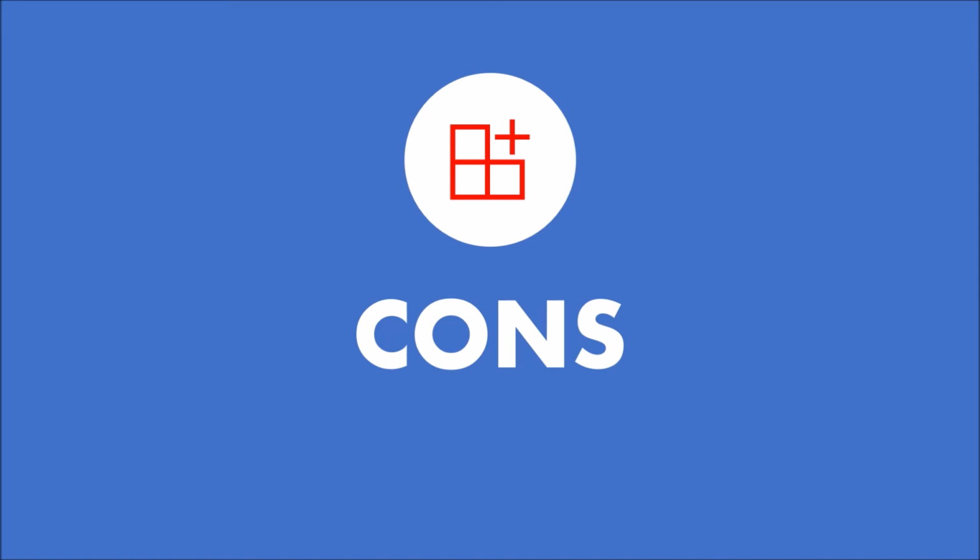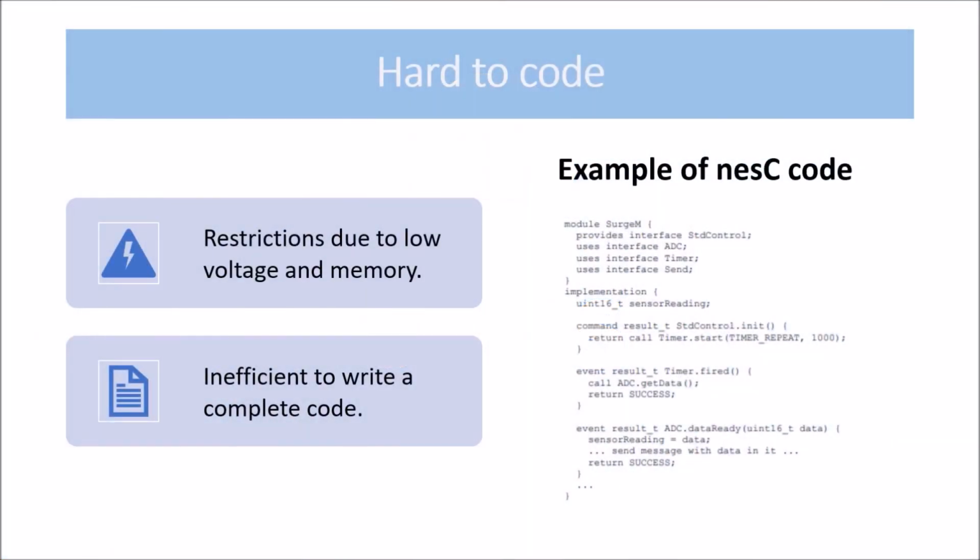Cons: It is hard to code because of restrictions like low voltage and memory, and it is inefficient to write complete code. This is an example of nesC code which is used in coding TinyOS.